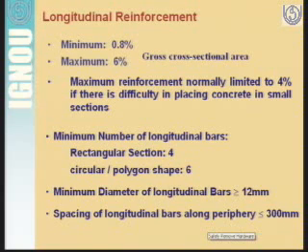And also the spacing of the longitudinal bars along the periphery of the column is specified by the code, and it says that it should not be more than 300 mm. So these are the specifications of the code regarding the longitudinal reinforcement.